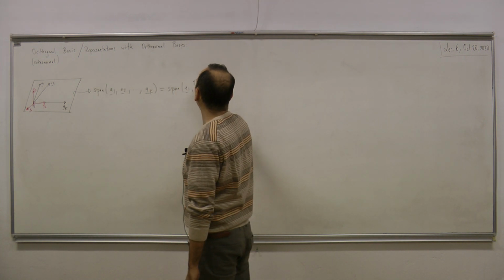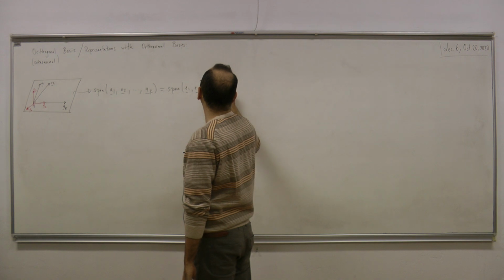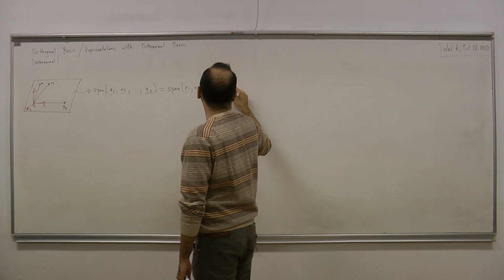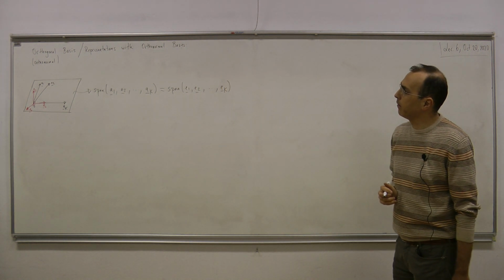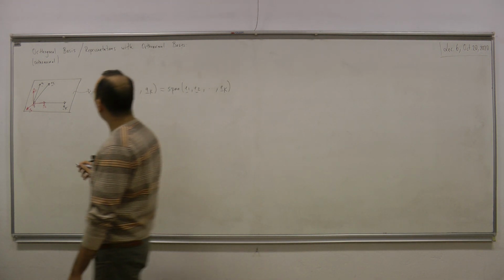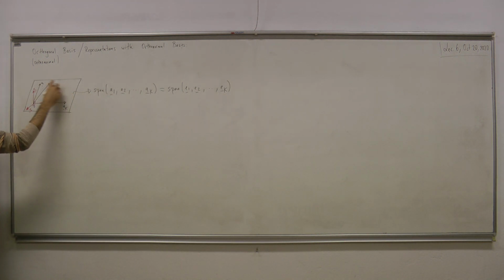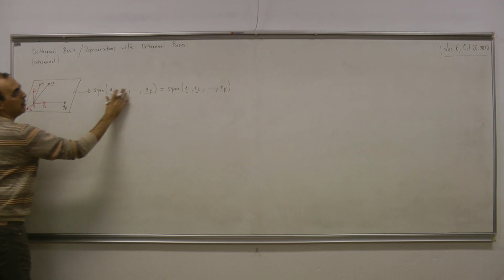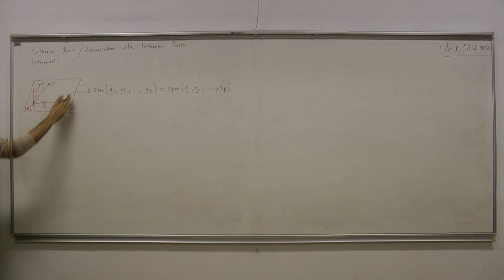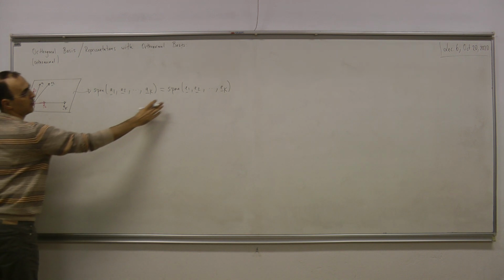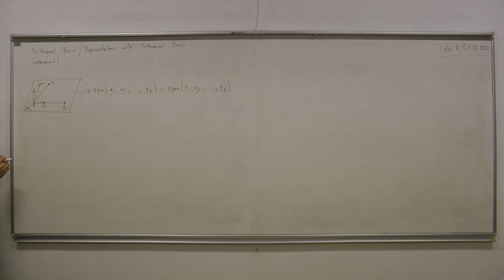So I have E1, E2, and the last one is E capital K. The interesting thing is, these vectors are spanning the same space, so their linear combinations are always in this subspace. Okay, this linear combination or that linear combination.